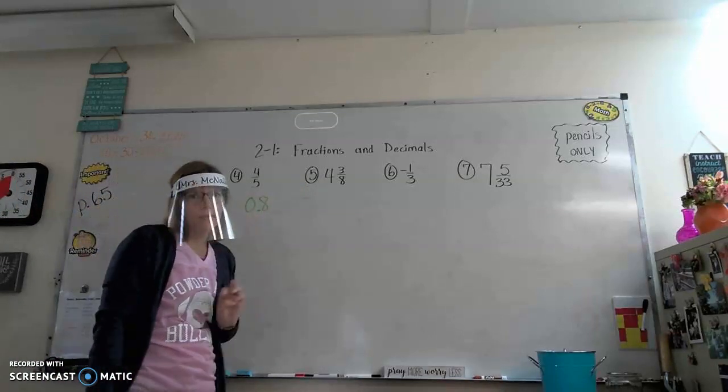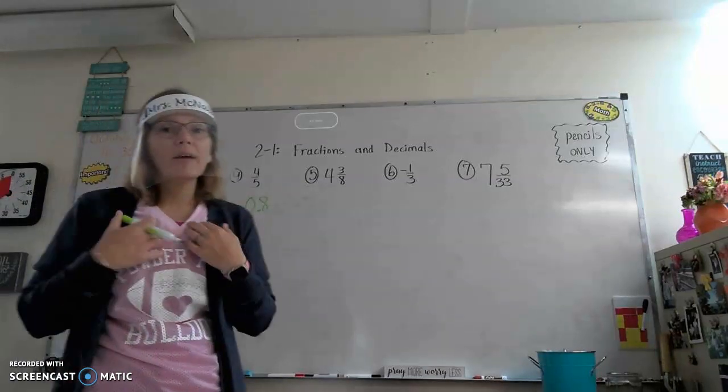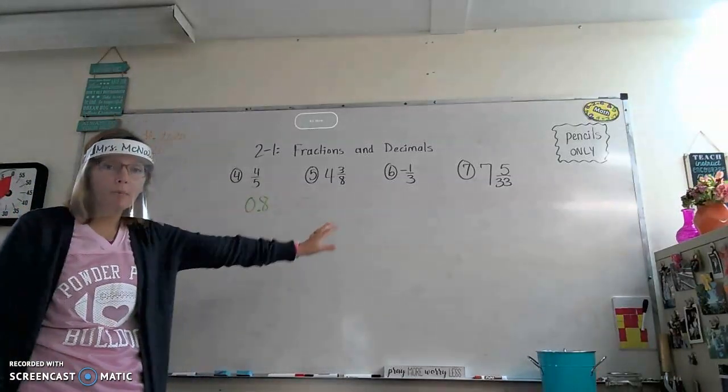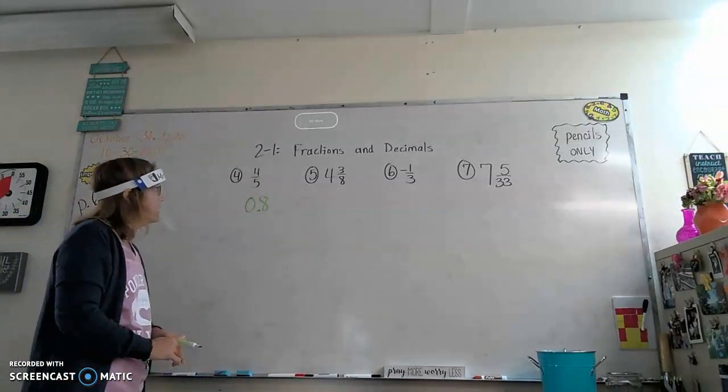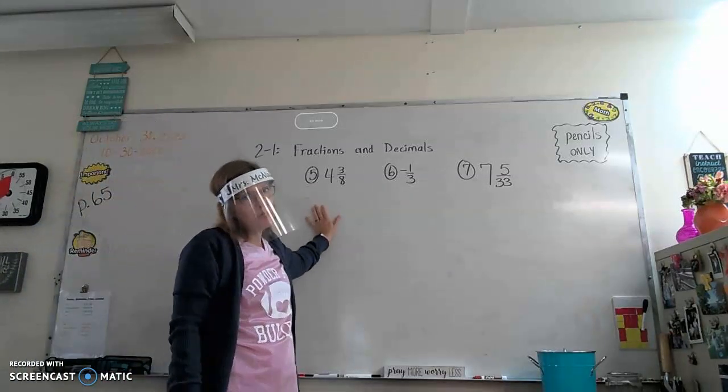Try it, see if you get the same thing. Remember, whatever I'm writing down, I want you to write down as well. So copy all these problems into your math journal. Oh yeah, I got 0.8. Yay! Okay, so let's look at the next one because it's a little bit different.